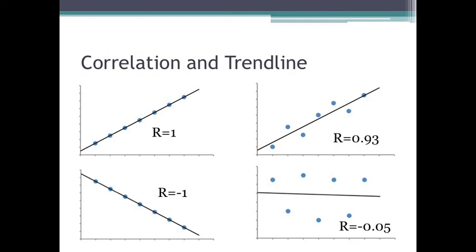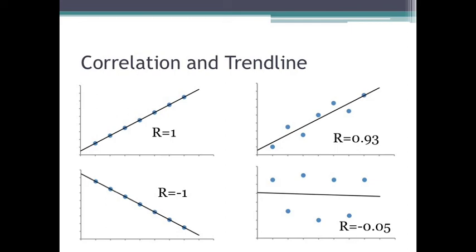If there is a perfect positive relationship between y and x, in other words, the larger x is, the larger y is, and it's a perfect straight line relationship, well, that means that our correlation coefficient, our r, is equal to 1.